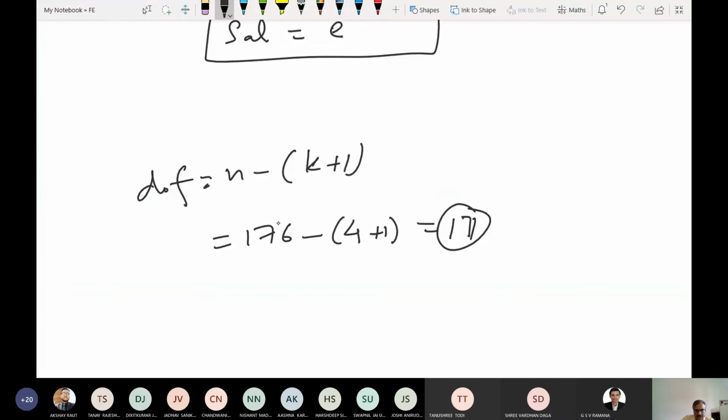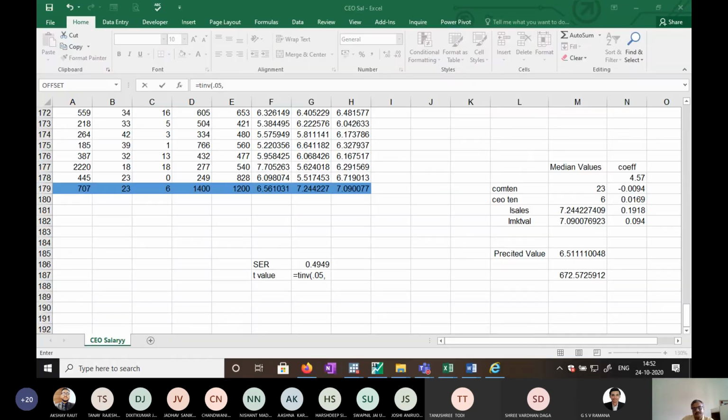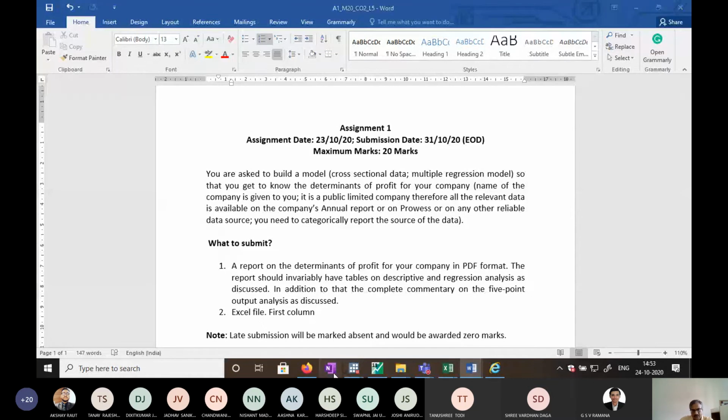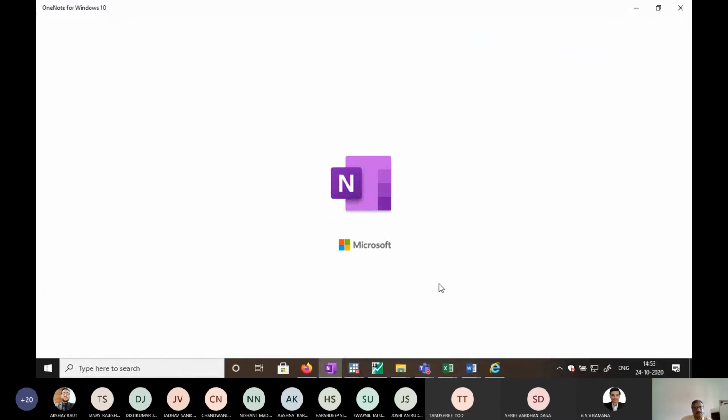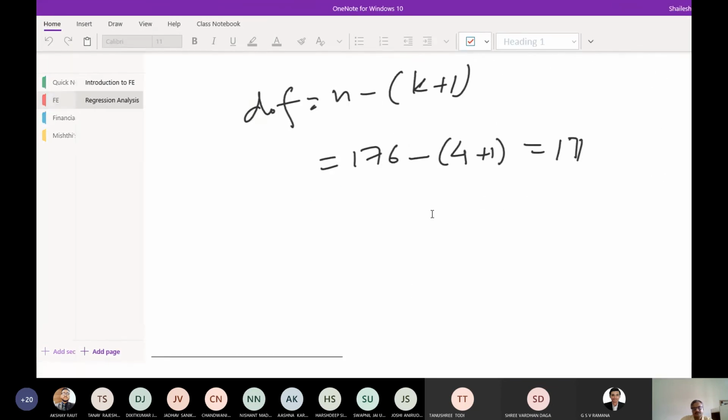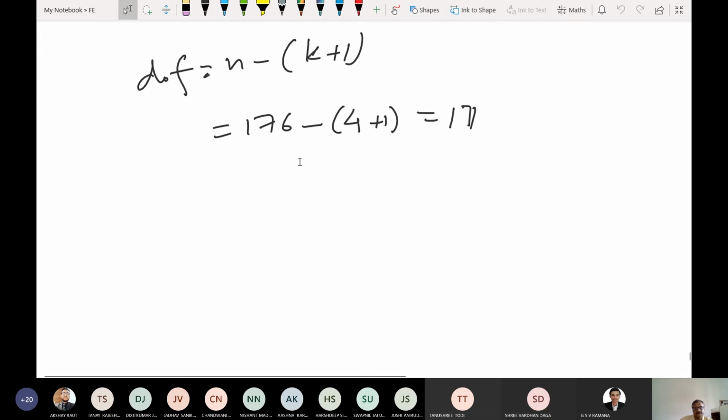So we have 177 minus 5, and 172 is the degrees of freedom.